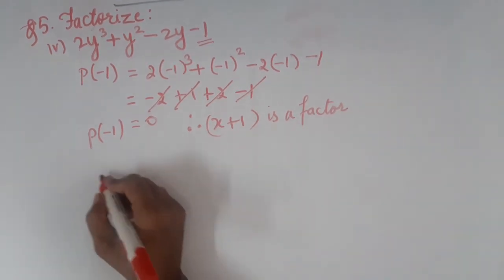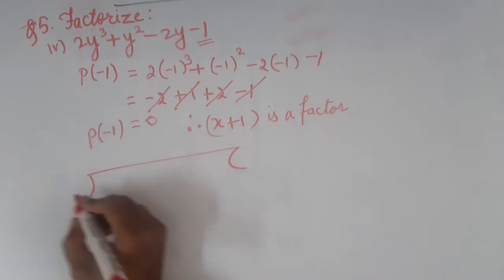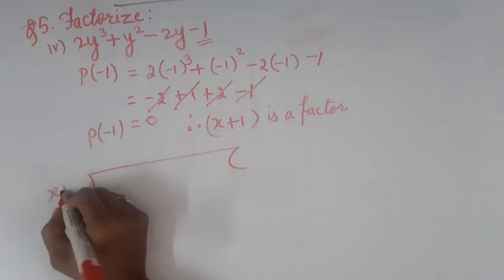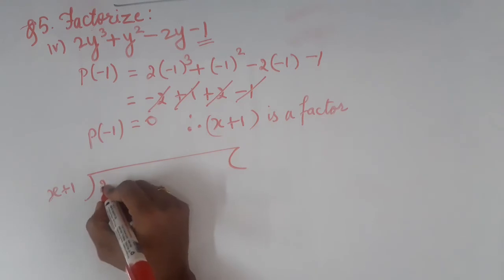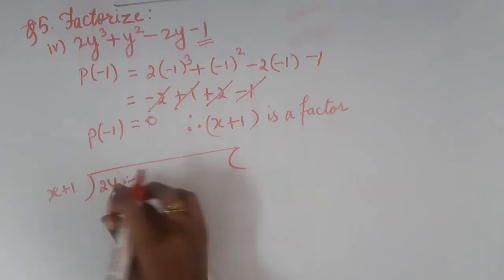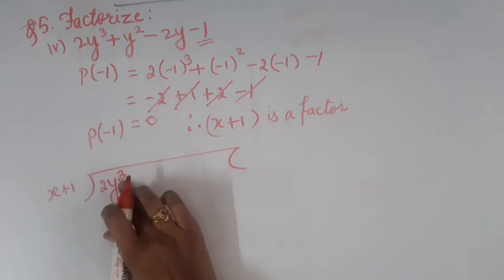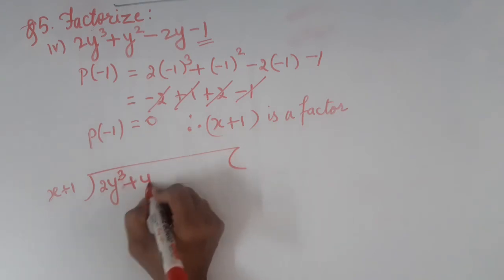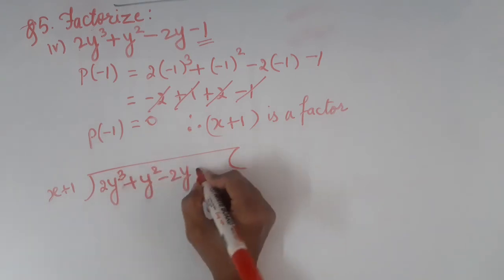So after performing long division, what will you get? Your divisor is y plus 1 and the dividend is 2y cube plus y square minus 2y minus 1.